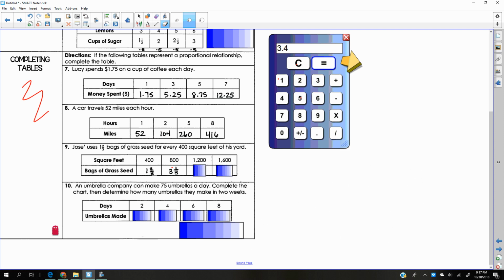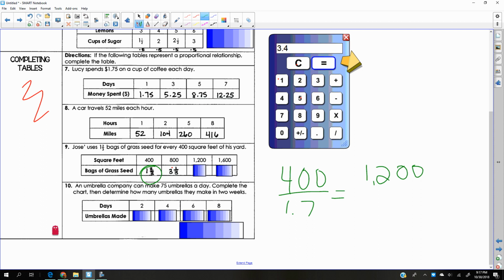So we're going to keep that 1.7, okay? So we're going to keep that same thing. So 1.7 and the 400 is going to stay here. And then here we have 1,200 square feet. So how much grass seed do we need?